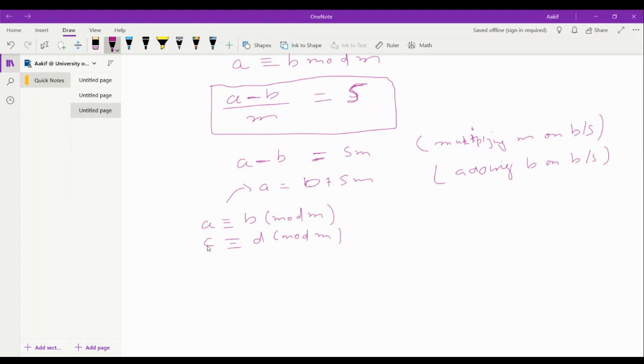So we can similarly hold the same assumptions about C is congruent to D mod M. So C is equal to D plus T times M. Now let's call this 1 and let's call this 2.